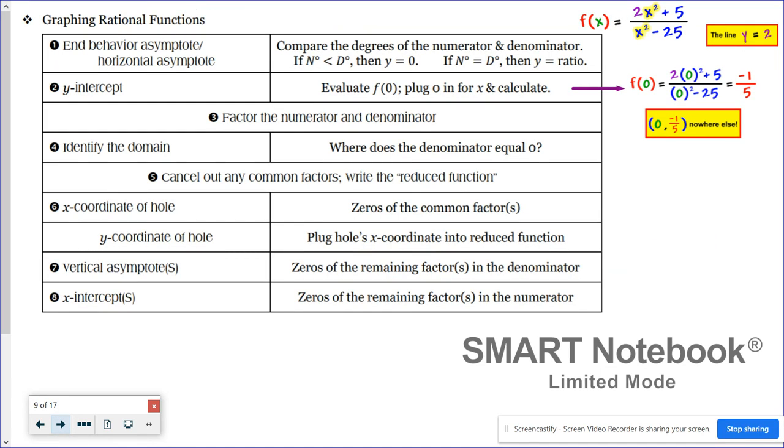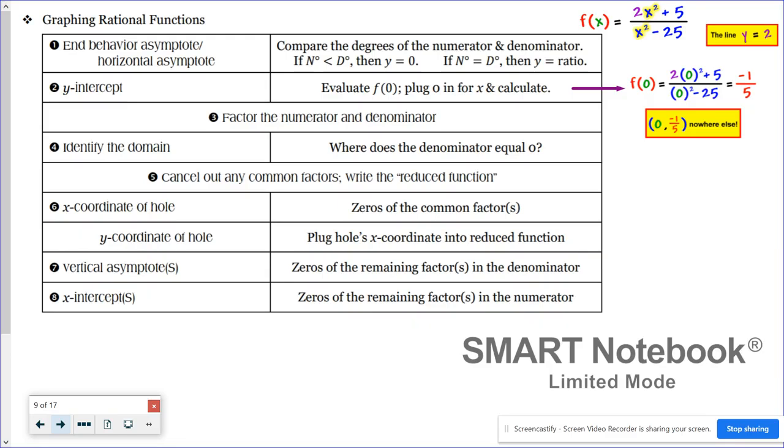And so you have this entire process outlined for you in a logical manner of how you can fully analyze a rational function. Before you do any factoring, compare the degrees of the numerator and the denominator to find your horizontal asymptote.